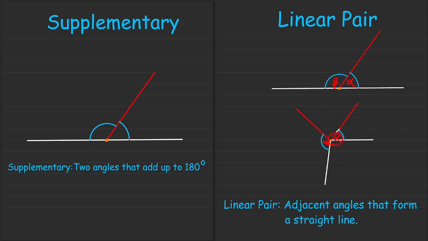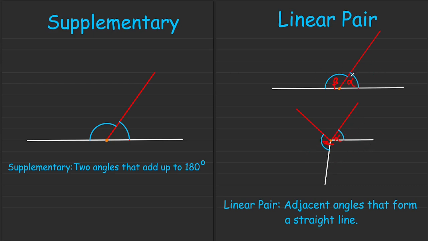But this alpha and this beta, we know they are supplementary, but they are not linear pairs. Take note of the difference. Linear pairs form a straight line. So not all supplementary angles are linear pairs. That is, this alpha and this beta here, in their raw state, belong to two different worlds.